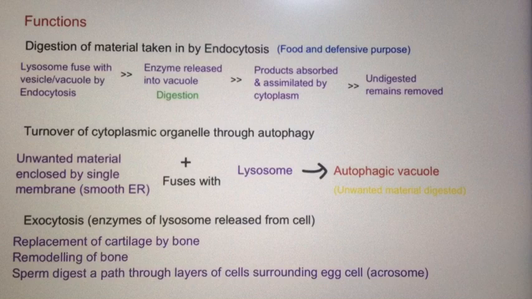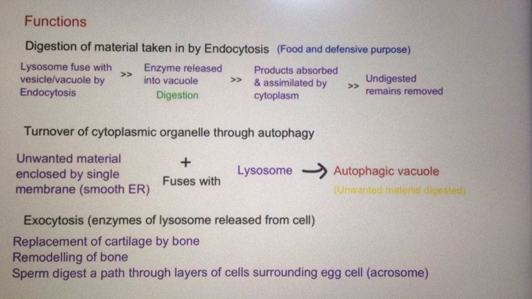Then the enzyme will be released into the vacuole to digest the material inside. The material inside might be taken in for food or defensive purposes. And then the products are absorbed and assimilated by the cytoplasm, while the vacuole containing undigested remains will be removed through exocytosis, which is the reverse process of endocytosis.